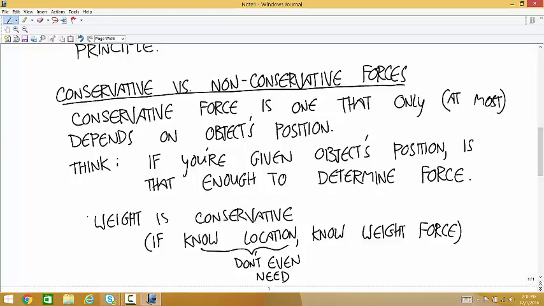You might think so if it's just sitting there like that, but now imagine it's the same object in the same location, and we put something on top of it, apply a force down to it like this. The normal force changes, right? I'm increasing the normal force the more I push on this without changing the location. So that normal force isn't conservative. Saying that this object is here is not enough to specify what the normal force is.